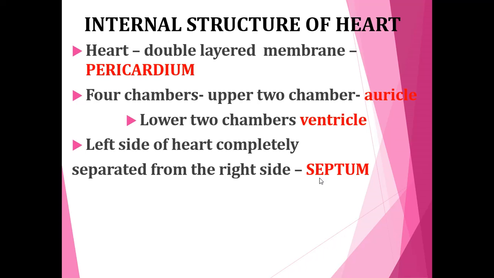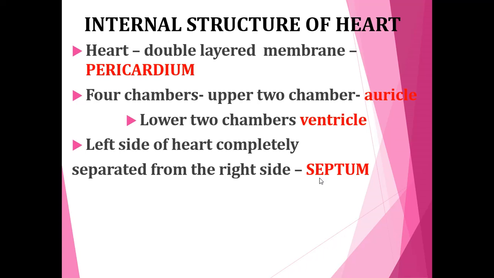It is the impure blood collected from all the cells of the body. After the cell completes its activity, it eliminates carbon dioxide, so the blood which contains carbon dioxide is called deoxygenated blood. It is impure blood.